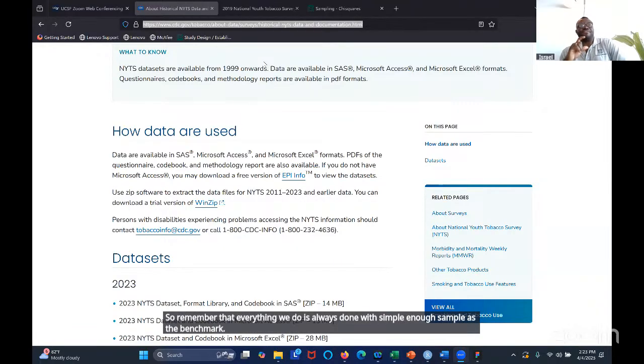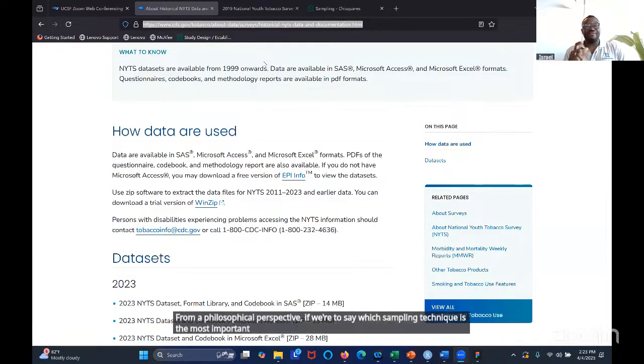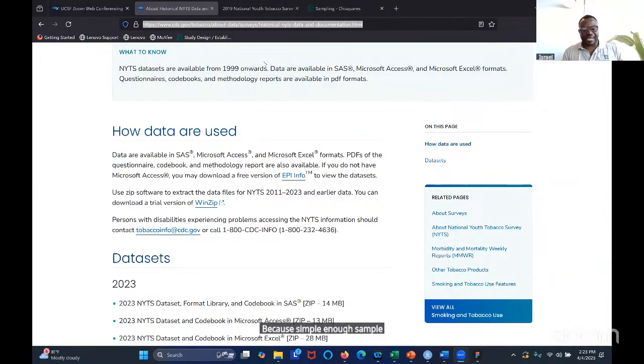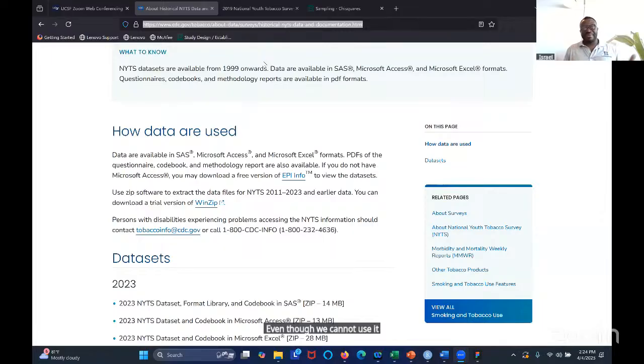Philosophically, if we're to say which sampling technique is the most important, the answer will be simple random sample, because it is the benchmark against which we assess the performance of all the other sampling techniques. That is why simple random sample is king. Even though we cannot use it practically in the field, it still remains king.